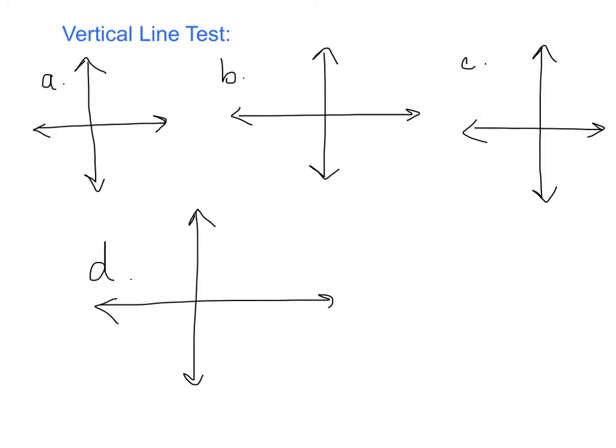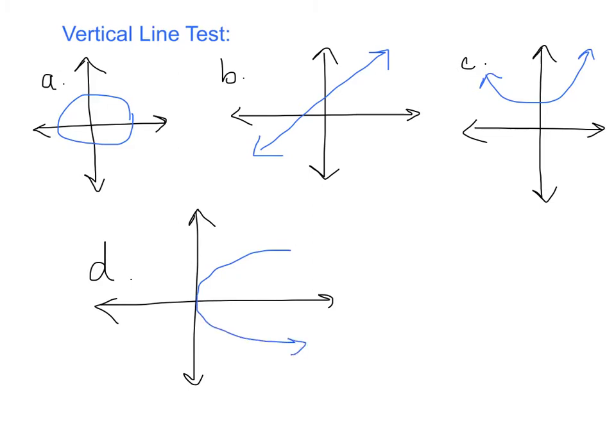And the way that it works is you're going to take a vertical line, such as your pencil, and roll it across your graph, something like this.